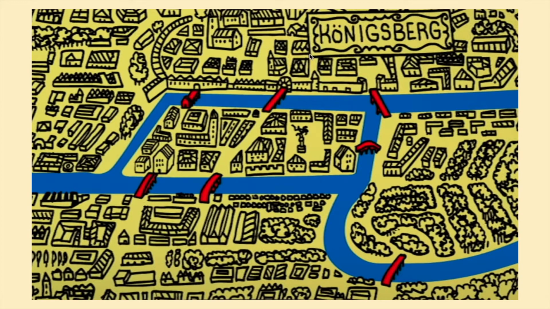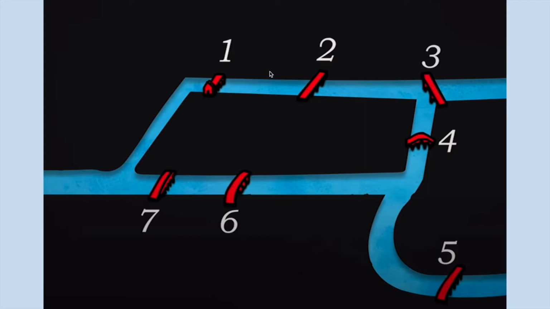So what he was able to do was think about this picture in a little bit more simple detail, where he removed some of the trivial things, and he thought of the bridges as edges. Okay, so we have 7 edges here, and these edges connect certain, let's call these vertices. That'll make more sense later. But the black spaces are vertices, and in between these we have edges connecting them.